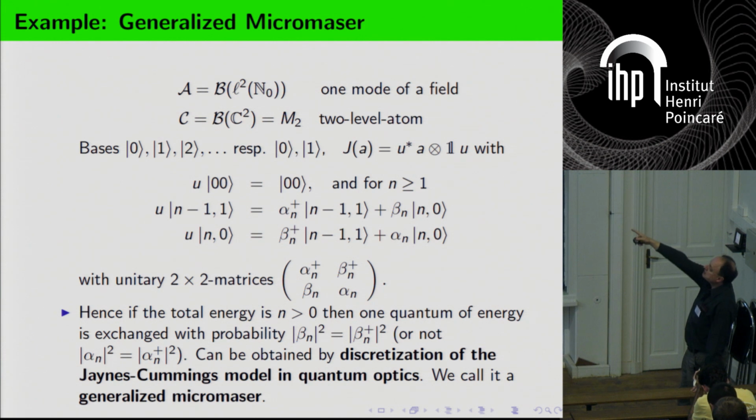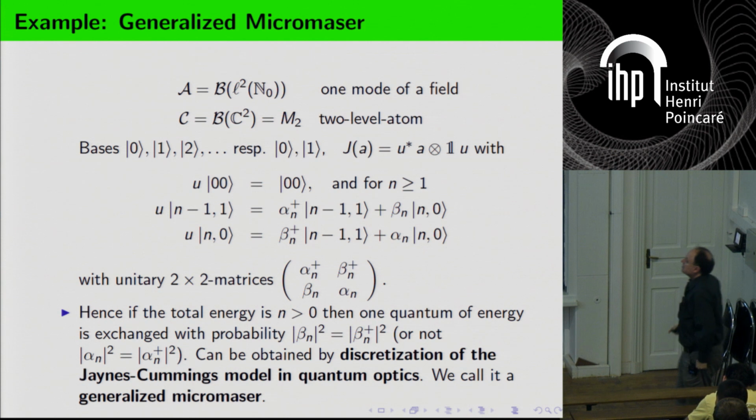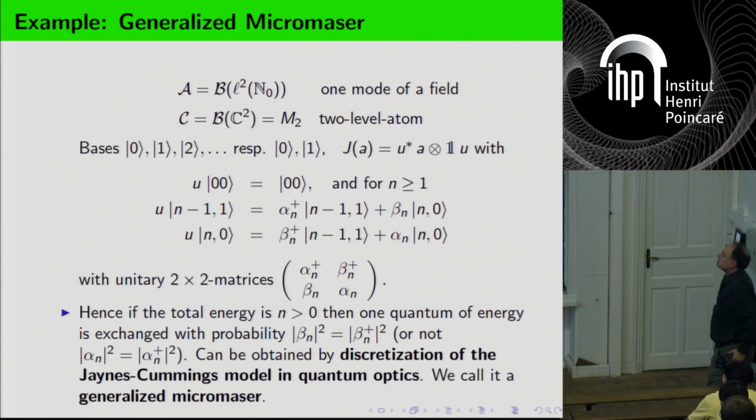And what you need to make this a unitary is that you have unitary 2 by 2 matrices like that. So you have a one-dimensional invariant space and many two-dimensional spaces which are left invariant by that. So that's a discretized version of a Jaynes-Cummings model.